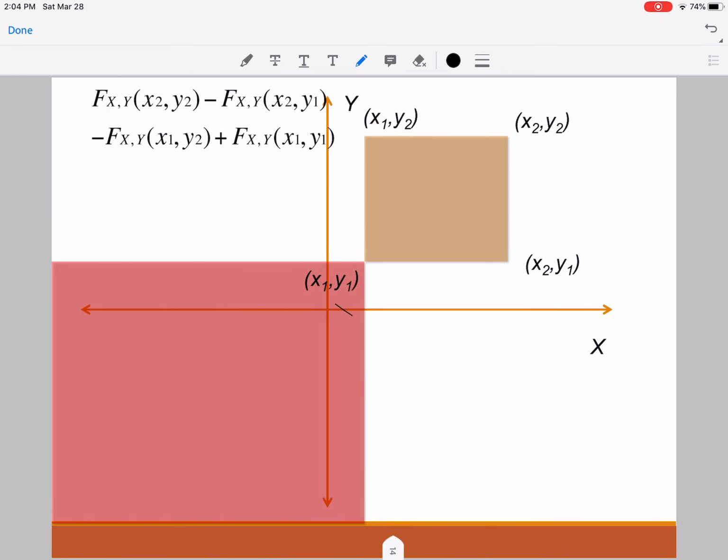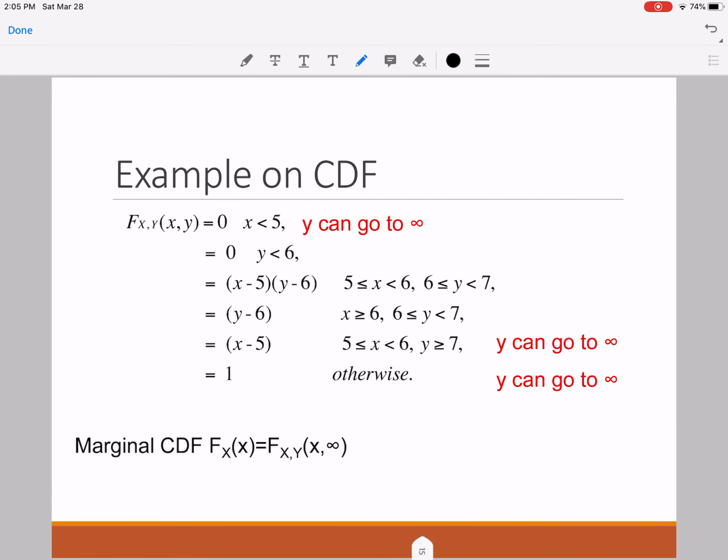So I'll add that back and thereby I'll regain this region and find the probability that x and y belong to this particular shaded region. So that's the proof.